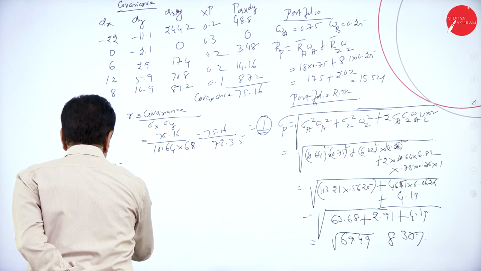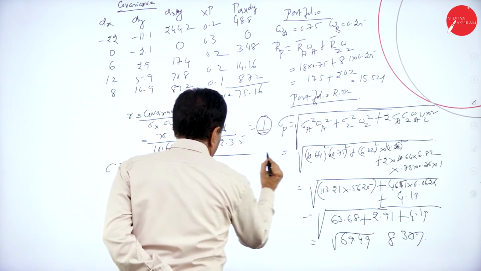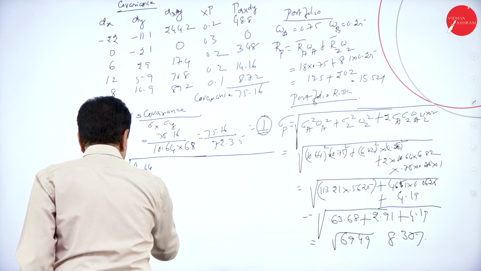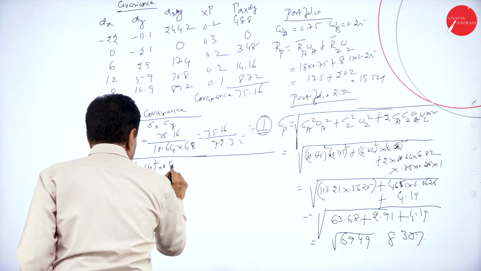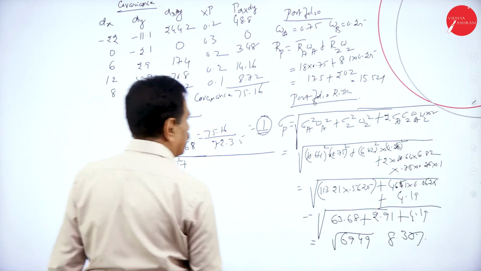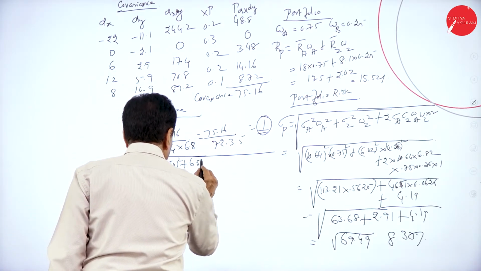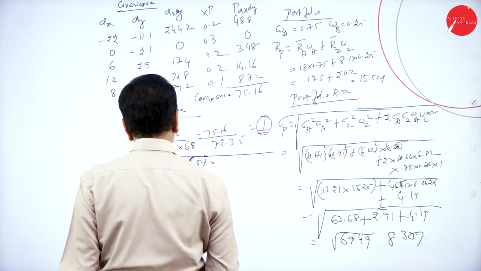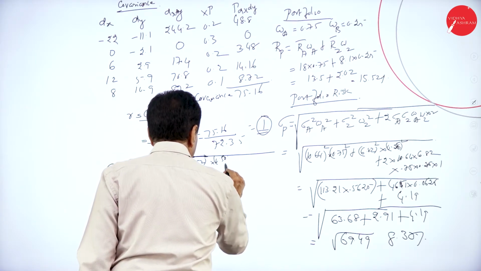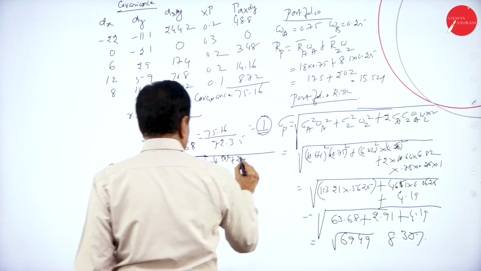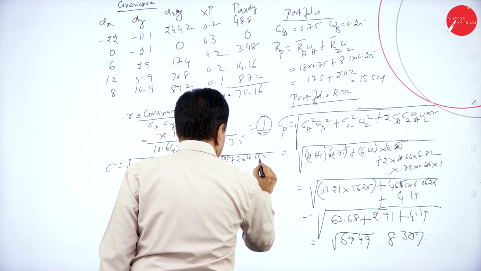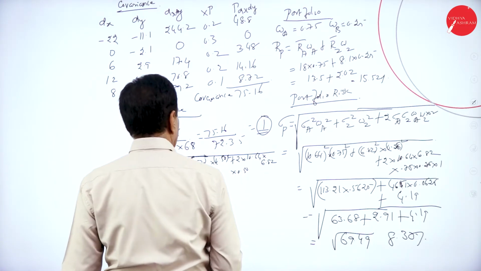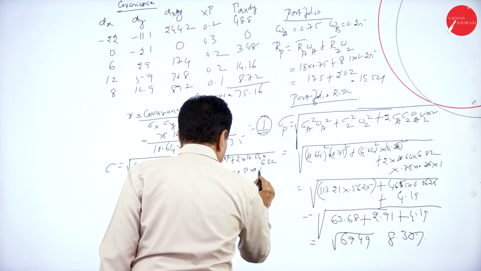Risk: root of standard deviation A square, 10.64 square into 0.50 whole square, plus 6.82 whole square into 0.50 whole square, plus 2 into 10.64 into 6.82 into 0.50 into 0.50 into 1.